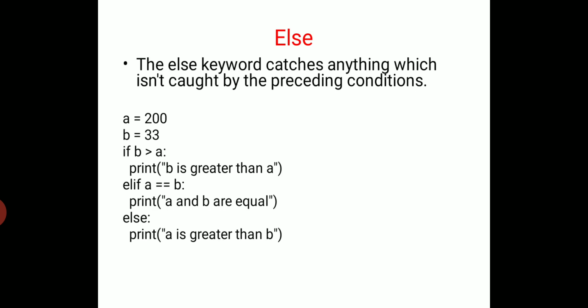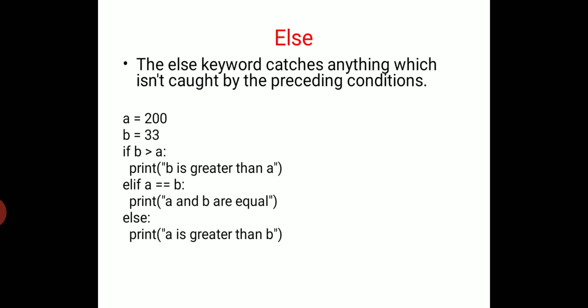Okay. Now another statement is the else keyword. Whenever you want to give two different conditions, suppose if a is greater than b, then print a, or else print b is less than a. So we can use the else keyword here. The else keyword catches anything which isn't caught by the preceding conditions.